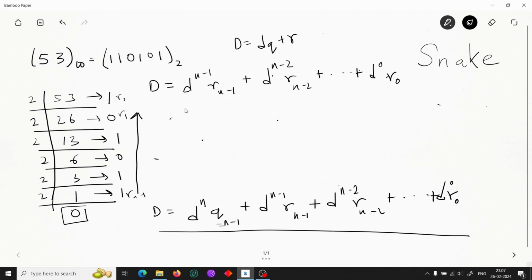So what we are seeing here is that if we substitute 2 for d, isn't this just basically the binary expansion form where each individual digit is the r value, and that is multiplied by 2 to the power n minus 1, plus r n minus 2 times 2 to the power n minus 2, plus dot dot dot 2 to the power 0 times r0.